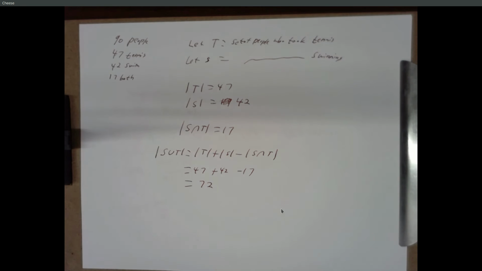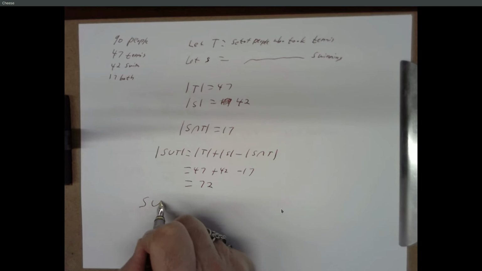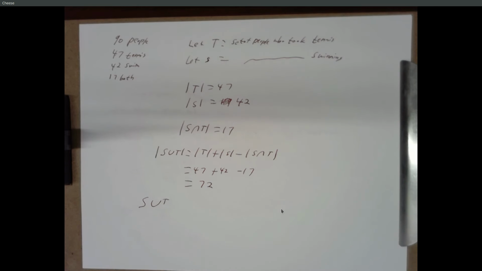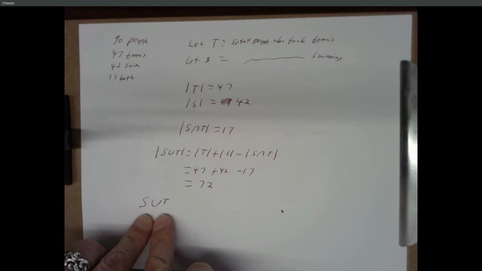And S union T is the set consisting of all the people who took either swimming or tennis. You take 90 people and say, if you took swimming or tennis, go stand over there. This is the set of people standing over there, and anybody who's not there took neither.